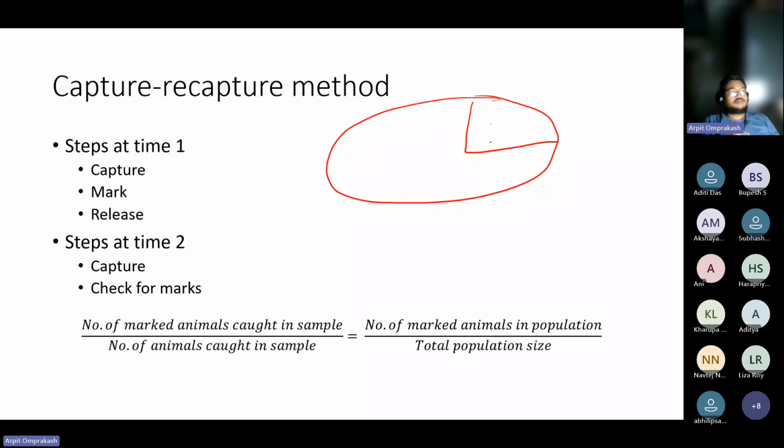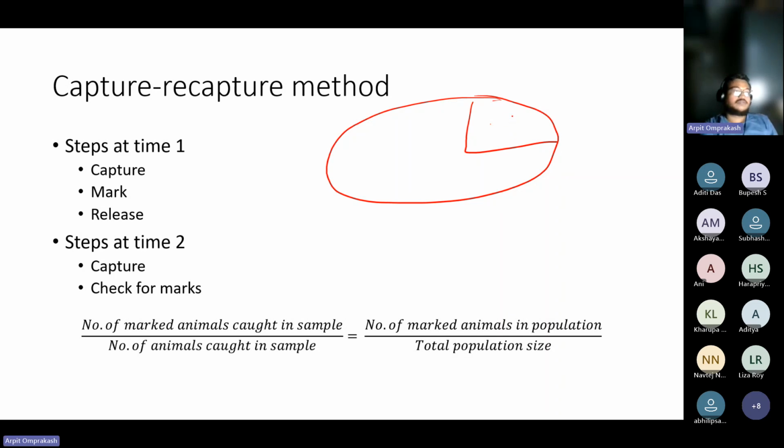Let's say we are looking at lizard species abundance, like the population size of some rock agama or some lizard species. Then in this area we'll try to capture as many lizards as possible in a given period of time.